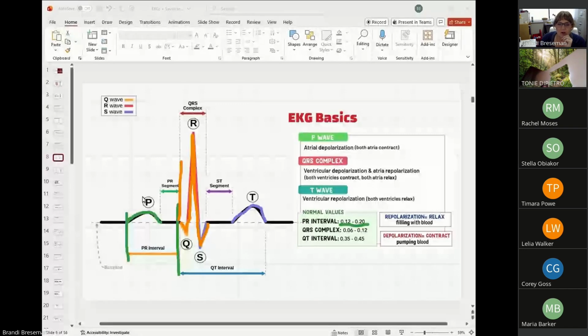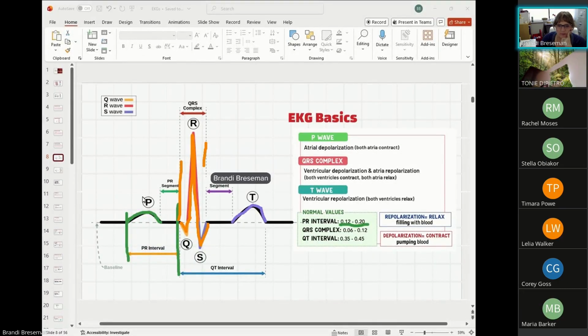Okay, so it starts at the beginning of our Q wave and it ends at the end of our S wave, right there. Okay. So we're going to measure between those two lines.